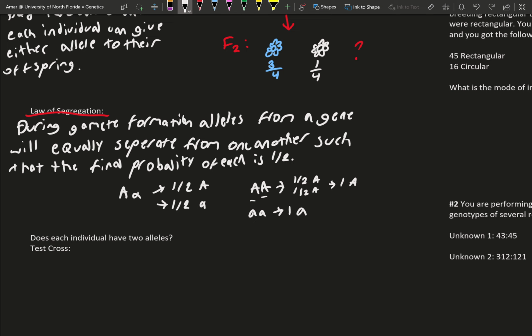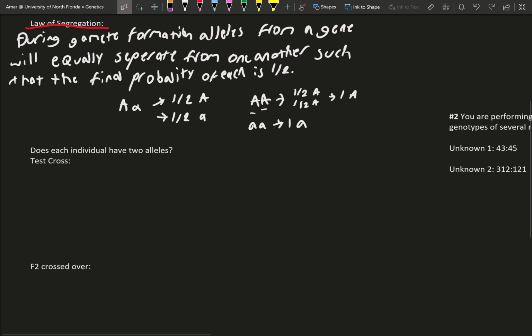So how did he validate his hypothesis? What he used is something called a test cross.